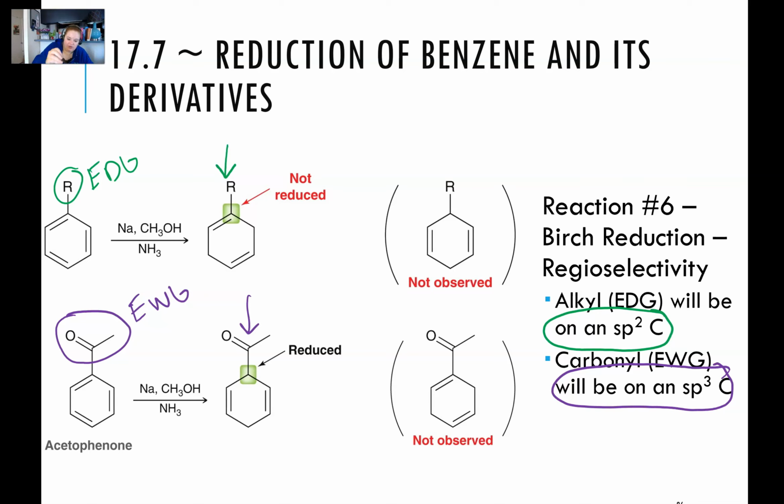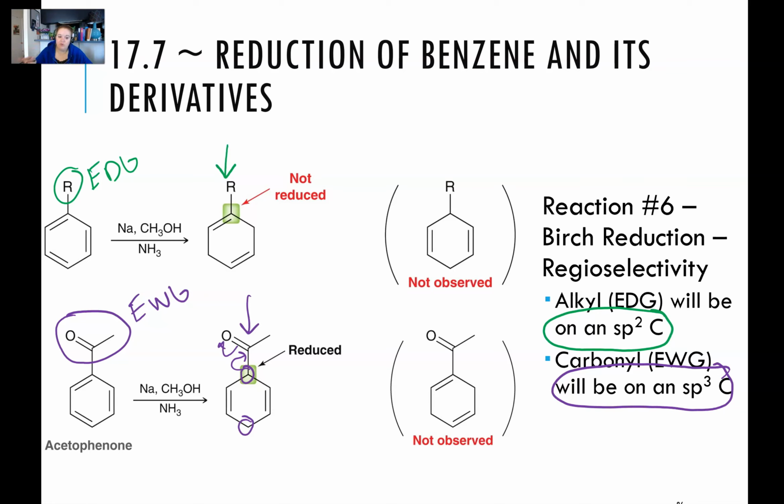So think about that these two carbons are going to have lone pairs at one point. So we would want something that could pull the electrons towards the substituent. Whereas if we had something that was electron donating towards the ring, we don't need that.